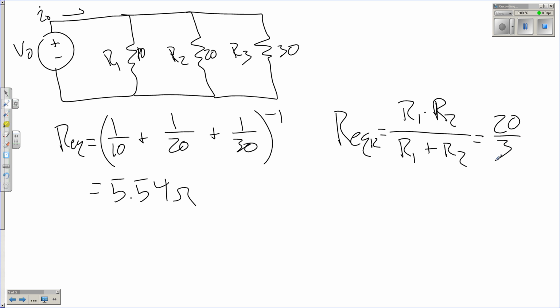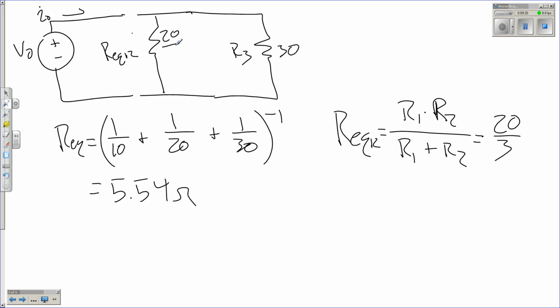is the equivalent resistance. And all I've done here is, for the sake of simplicity, I'm just going to do 2 at once. So I delete these 2, and all I've done is put in an equivalent resistance between them.